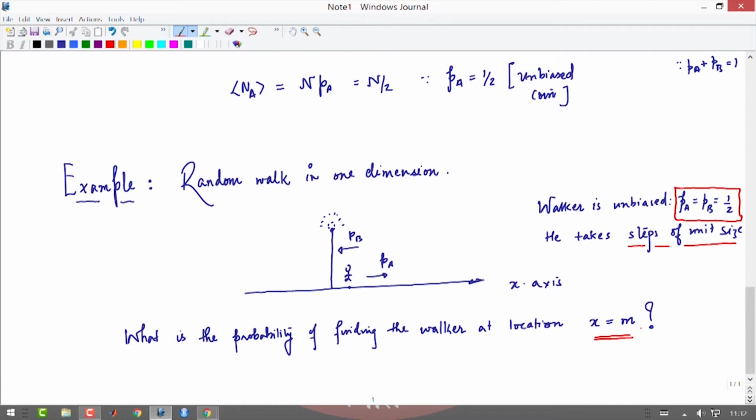So, what is the probability that the walker after n steps is at location x equals m?